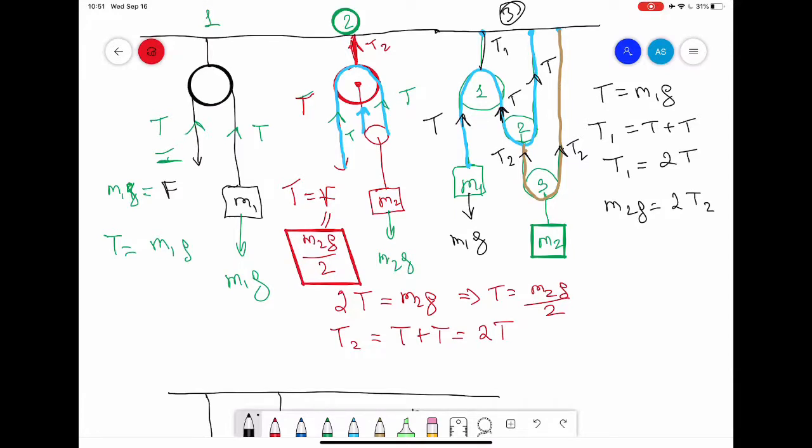Now, what about tension 2 itself? If you look at pulley 2, then tension 2 is equal to 2 tension, okay? Therefore, by using all these equations, we can find what the tension will be in the first pulley, second pulley, third pulley and so on. You can find it yourself. Okay.